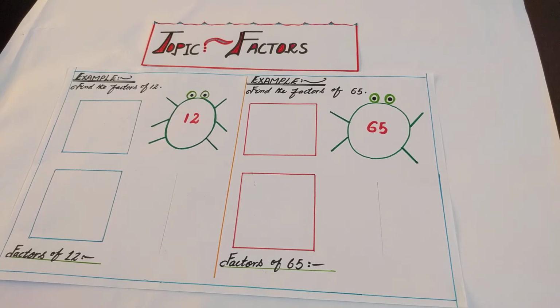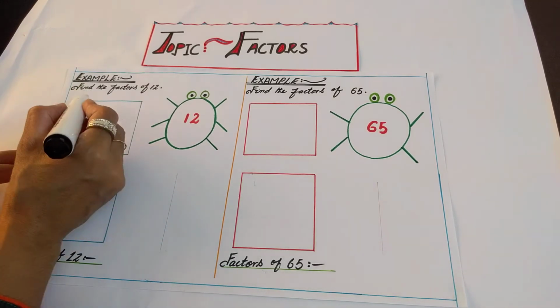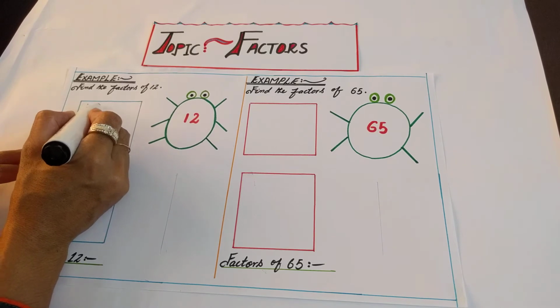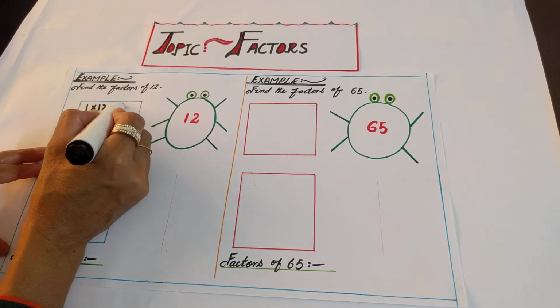So find the pairs of numbers by which we get the given number as a product. When we find the factors of 12 as a pair of numbers, those numbers should give 12 as a product. Let's start from number 1. 1 12s are 12.